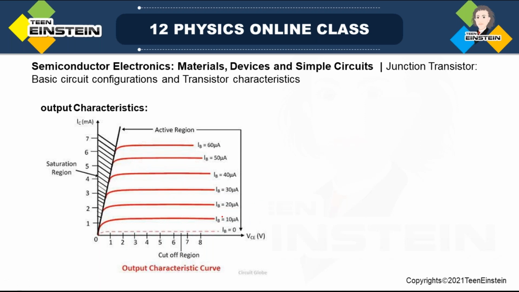See, I can take base current 10 microampere, 20 microampere, 30, 40, 50, 60 microampere, like that. Whatever number you want, you can draw those many characteristics, but with fixed value of base current. As I said, base current will affect the collector current also.